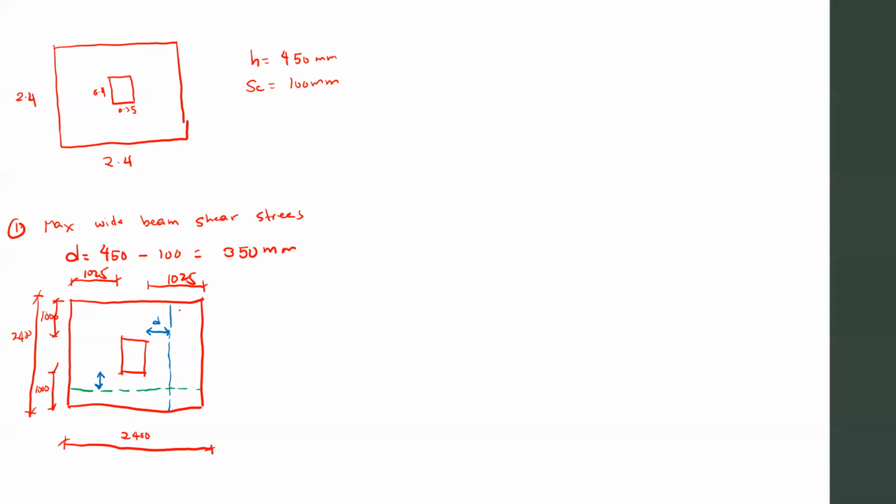Okay. So, tama ba na ito yung mas malaking area? Kasi 1,025 to eh. So, therefore, this will be your critical wide beam shear stress. Dito yung mag-produce ng largest area. Because 1,025 is greater than 1,000, and yung distance na to is mas malaki dito. Okay?